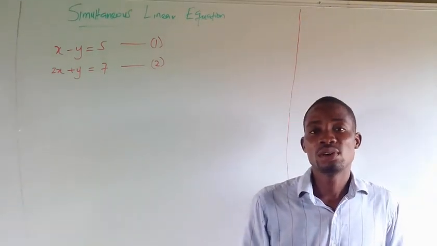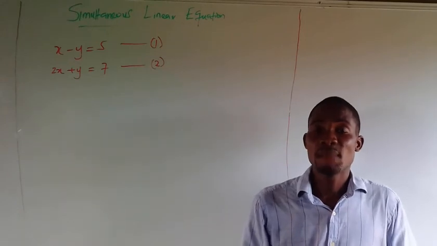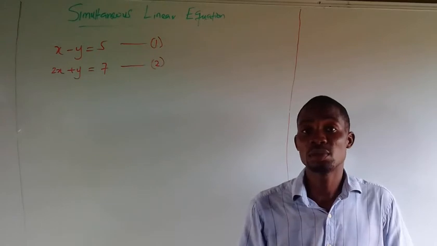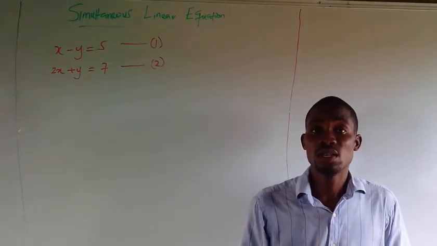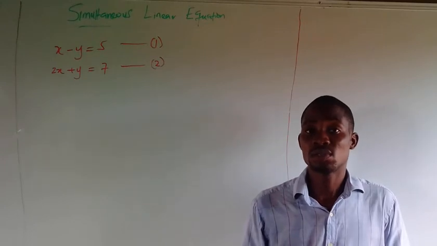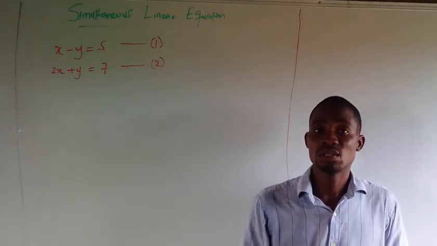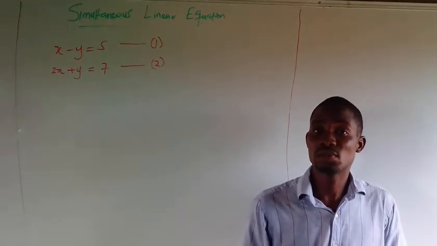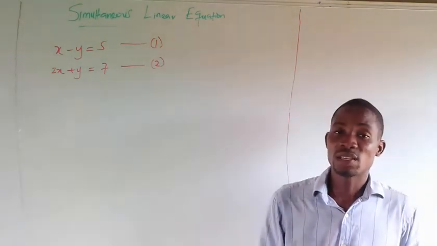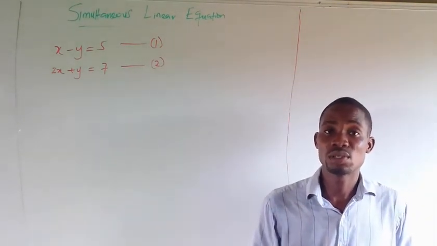But note, for simultaneous equations generally, you cannot use the elimination format to answer all questions, but you can use the substitution method to answer all questions. It depends on how the question comes out. You can use elimination, you can use substitution, but just make sure you solve and get your answer. So for this class, we're looking at the elimination method towards solving simultaneous equation questions.